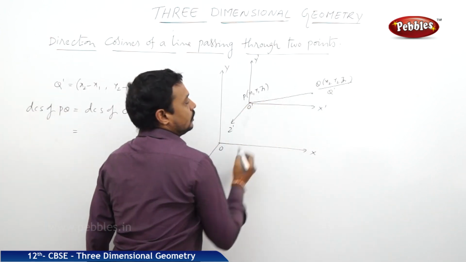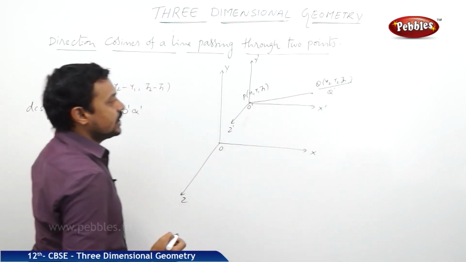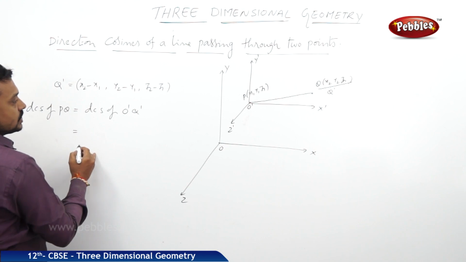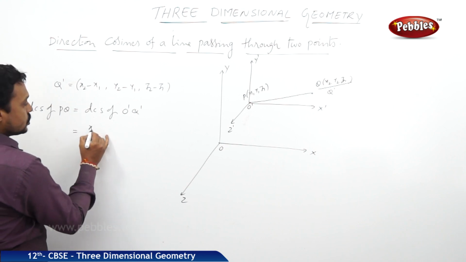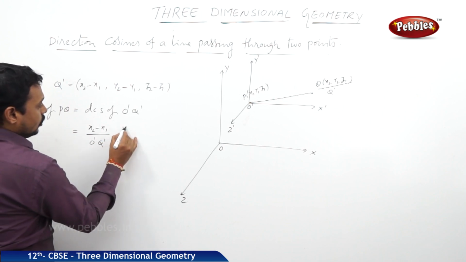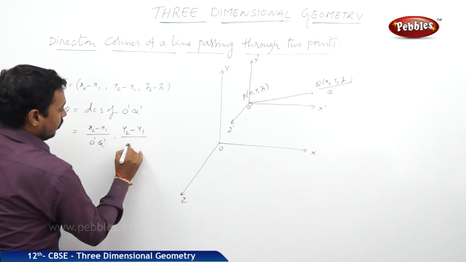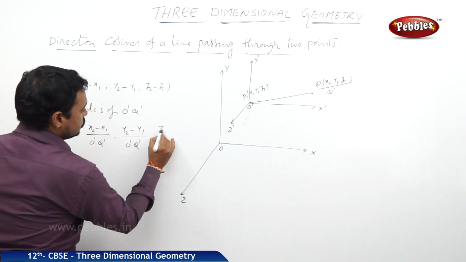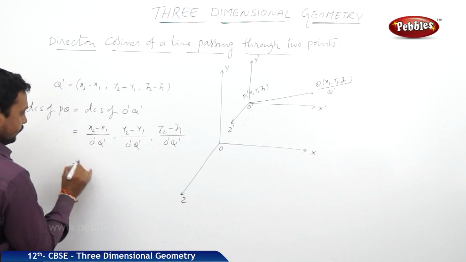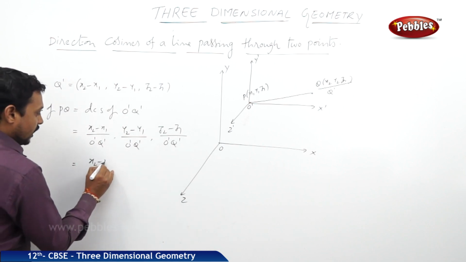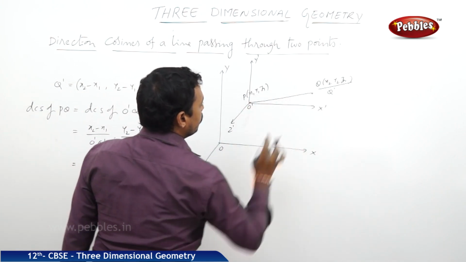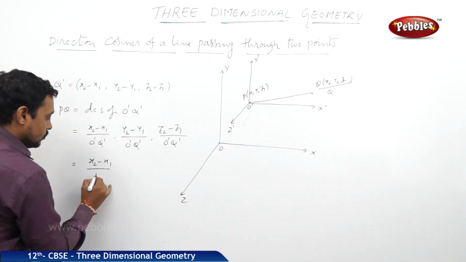So, PQ is the same as O dash Q dash in the new system. So, the DCs of O dash Q dash are x2 minus x1 by O dash Q dash, y2 minus y1 by O dash Q dash, z2 minus z1 by O dash Q dash. The distance from O dash to Q dash is the same as PQ.